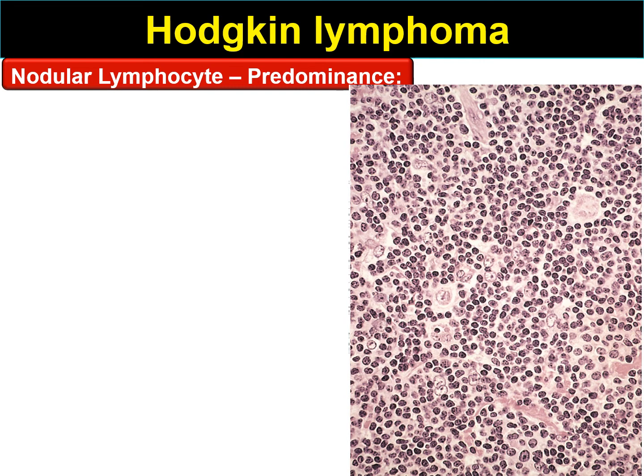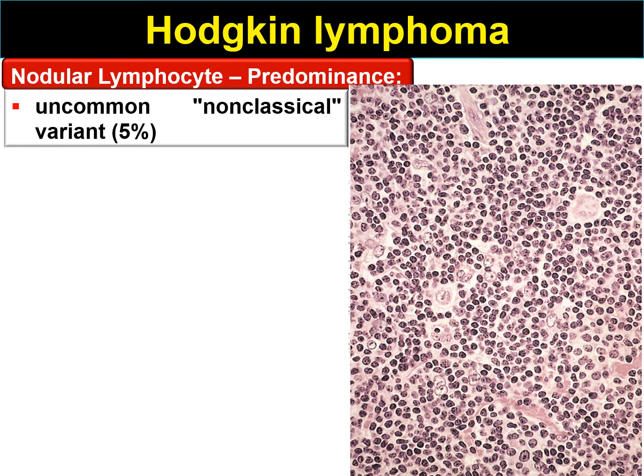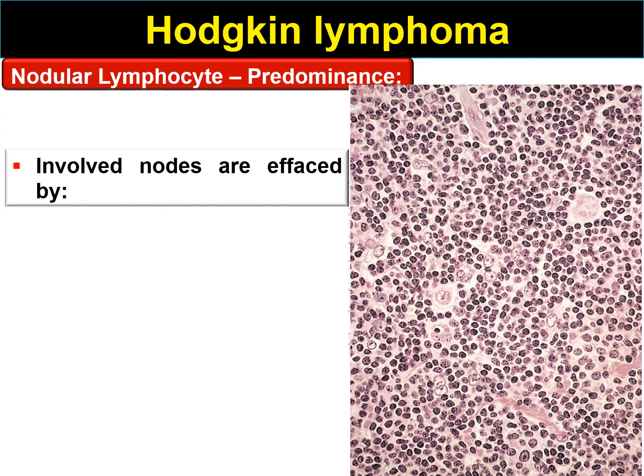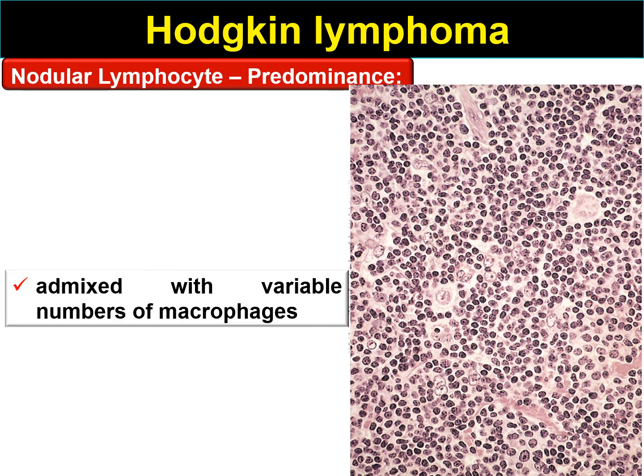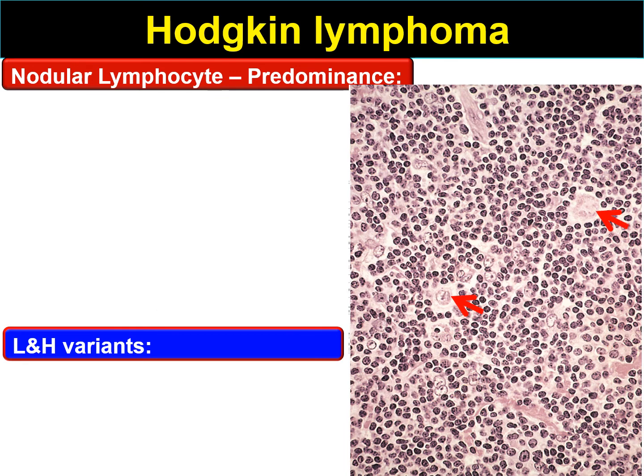The fifth and non-classical variety of Hodgkin lymphoma is the nodular lymphocyte predominance type. It is an uncommon variant present in 5% of the cases, and the involved lymph nodes are affected by a nodular infiltrate of small lymphocytes that are mixed with macrophages.